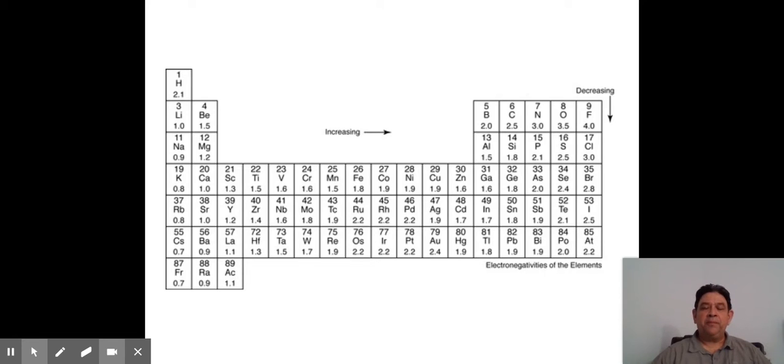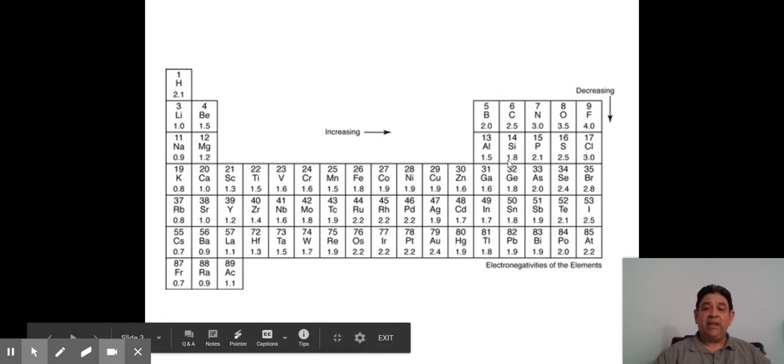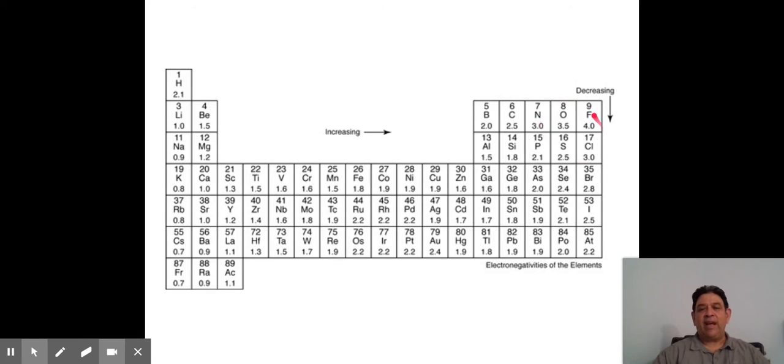So really, what happens is when we form a covalent bond between two atoms, they're going to share electrons, but they don't share them equally. They share them unequally, depending on what the electronegativity is. These elements over here in the upper right have higher electronegativity.